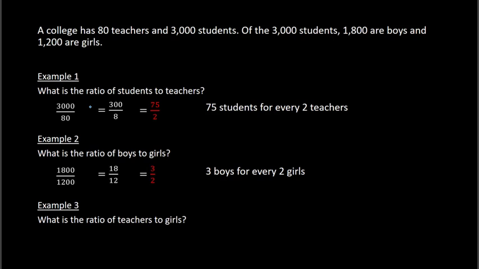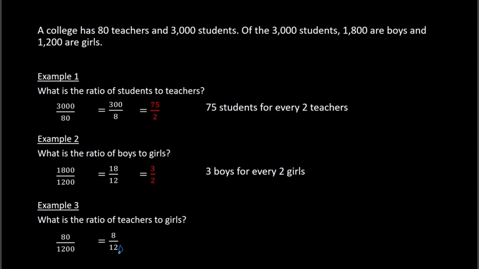A third example would be, what is the ratio of teachers to girls? So there are 80 teachers and 1,200 girls, so the ratio would be 80 over 1,200. And then reduce your ratio, divide the top and the bottom by 10. That gives me 8 over 120. And then divide the top and the bottom again by 4.